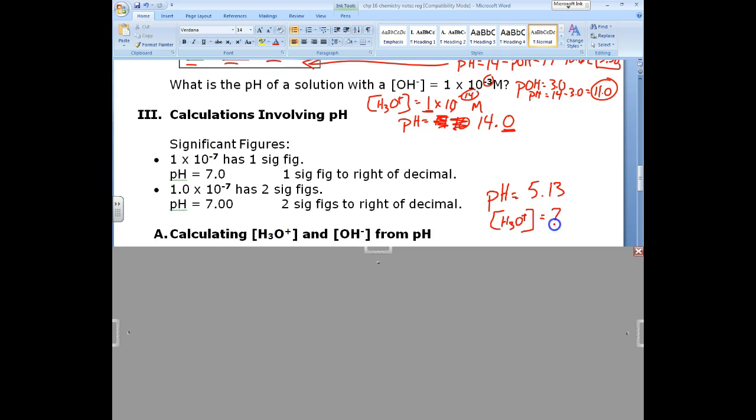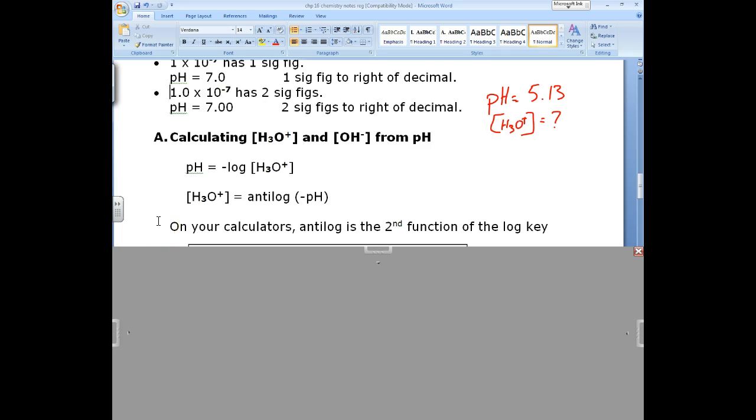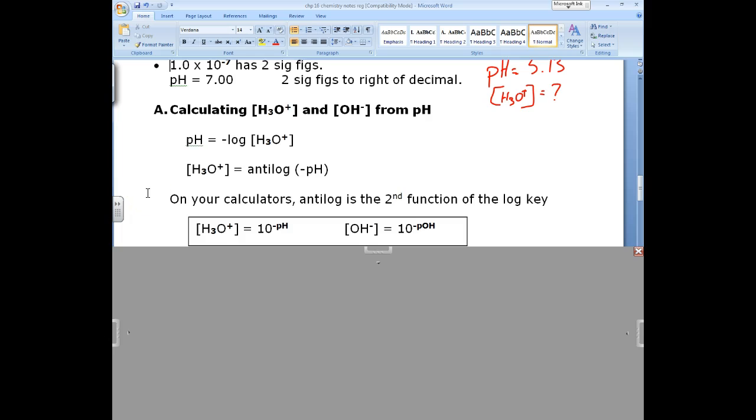But because they're dealing with logs, it gets a little more complex. So what they have done to help you out is they went ahead and rearranged the formulas for you. Now, you're going to have to take the antilog, and that's usually the second function of the log key on your calculator. It should say 10^x. And so here are your two formulas.